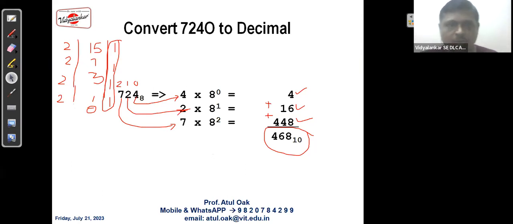Let me check who gets the correct answer quickly. You have to convert 11111, five ones in binary, to decimal.